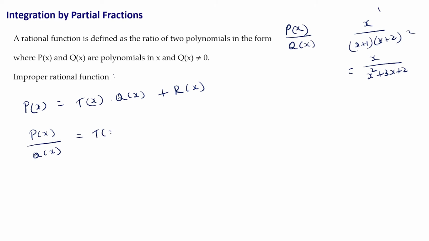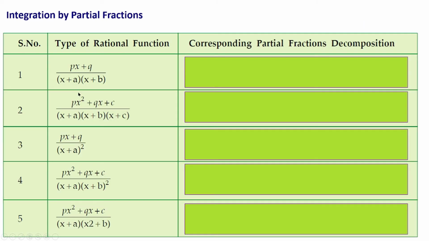We are left with t of x plus r of x upon q of x. Now this becomes a proper rational function, and for this proper rational function we can perform integration by partial fractions. And t of x is usually going to be an algebraic function, so we know how to integrate it. So this is how we have to proceed when there is an improper rational function.